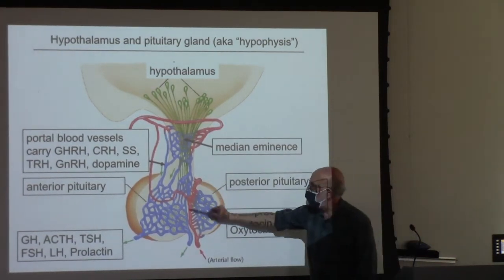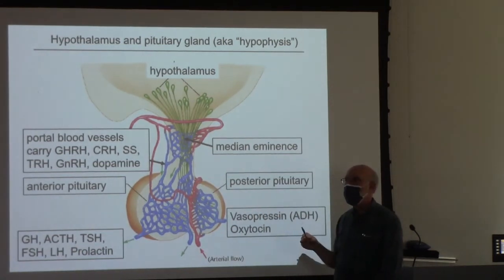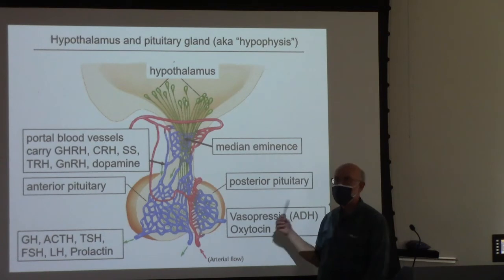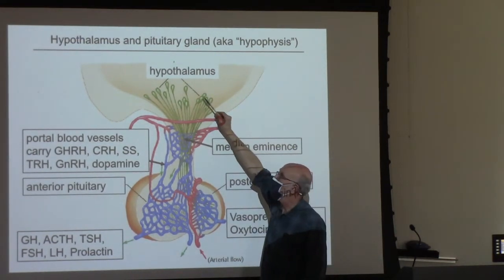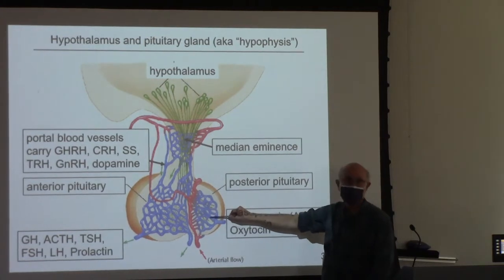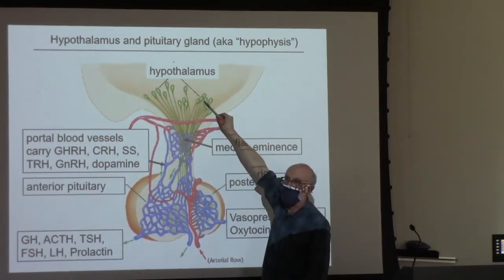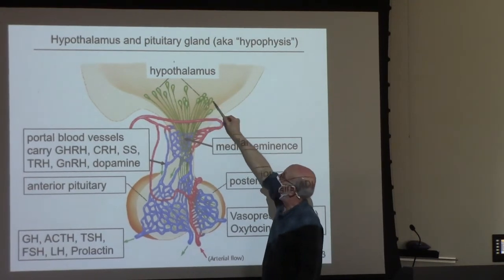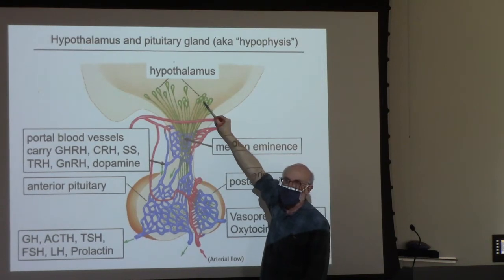The posterior pituitary gland is really the secretion sites for hypothalamic neurosecretory cells. So the hypothalamus is part of the brain. These green blobs are supposed to be the cell bodies of hypothalamic neurons.